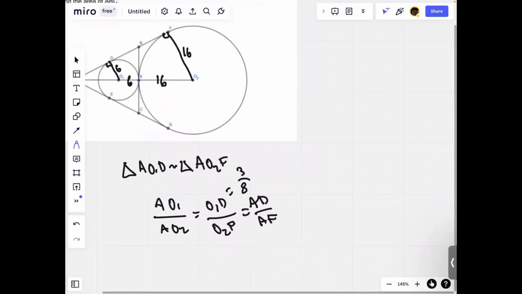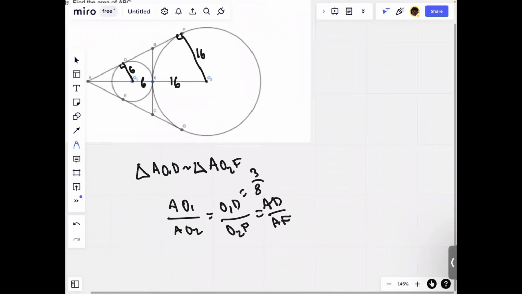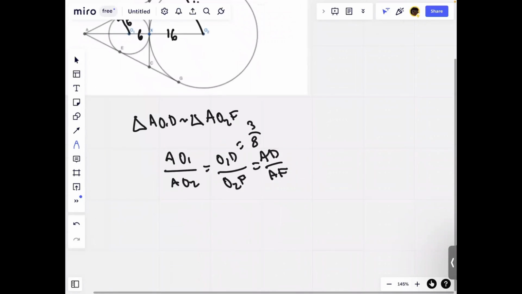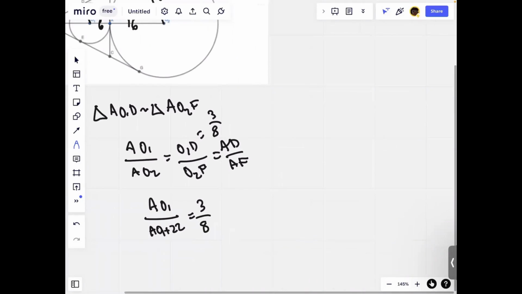And we also know that AO2 minus AO1 is O1O2, which is 22. So we can write AO1 over AO1 plus 22 is equal to 3/8. So we have 8AO1 is equal to 3AO1 plus 66. So AO1 is equal to 66 over 5.